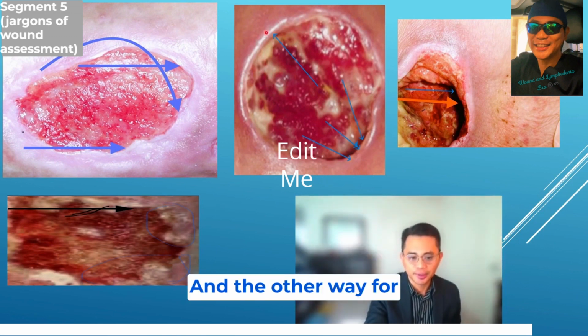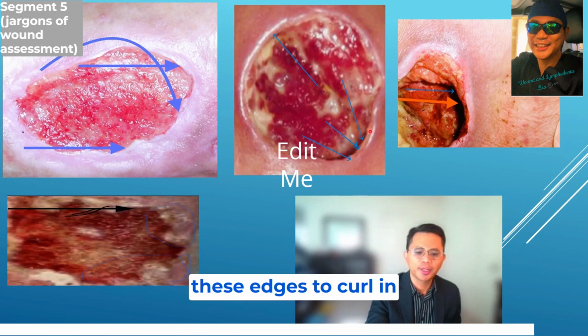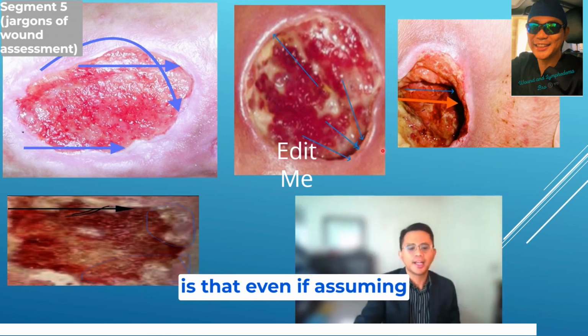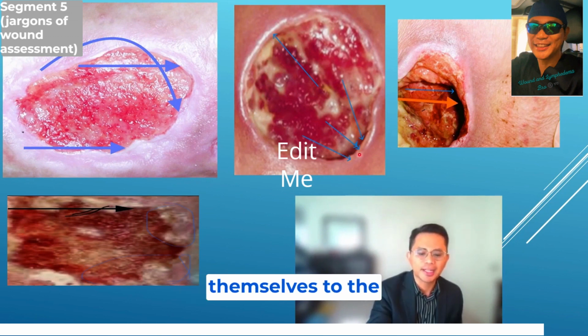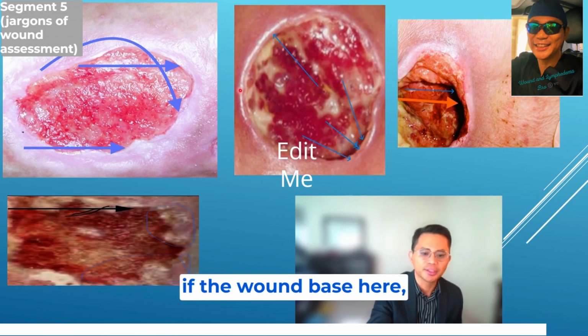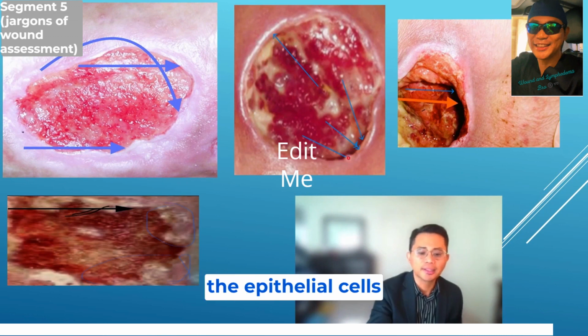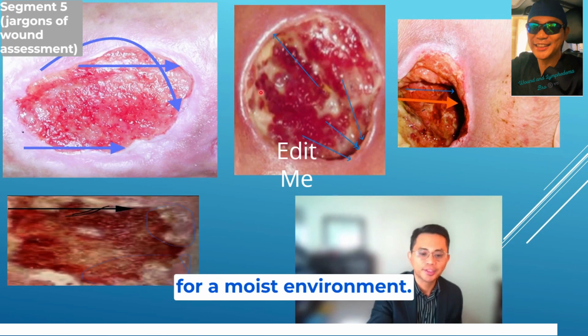Another way for these edges to curl in is this: even assuming that the wound base is granular and they were able to attach themselves to the granulation tissue, if the wound base is so dry, the epithelial cells cannot migrate over a dry wound base. So they're going to look for a moist environment.